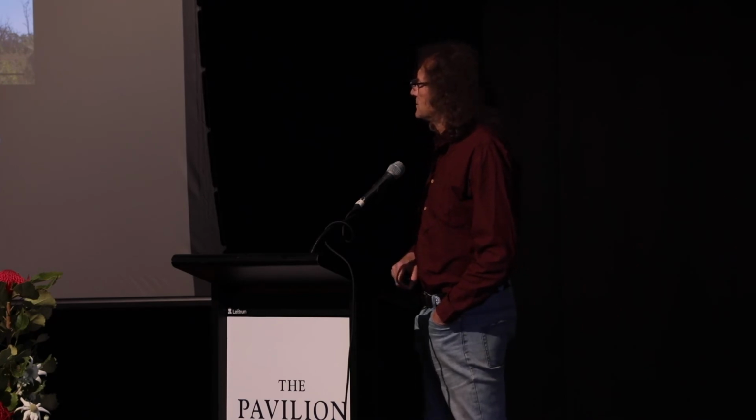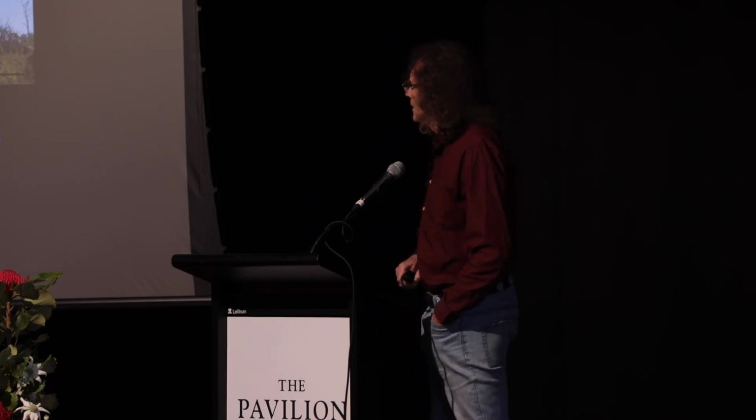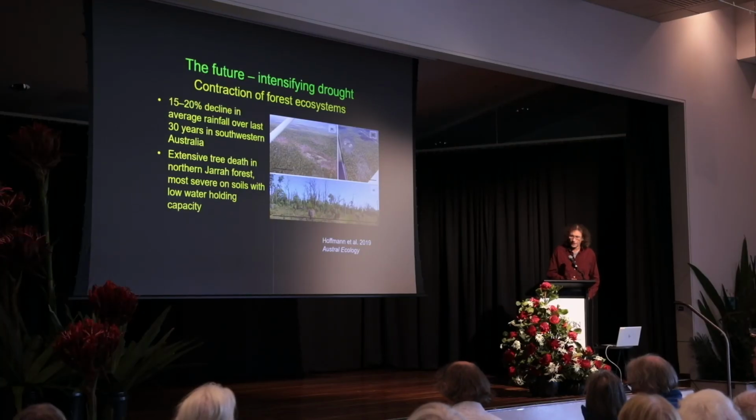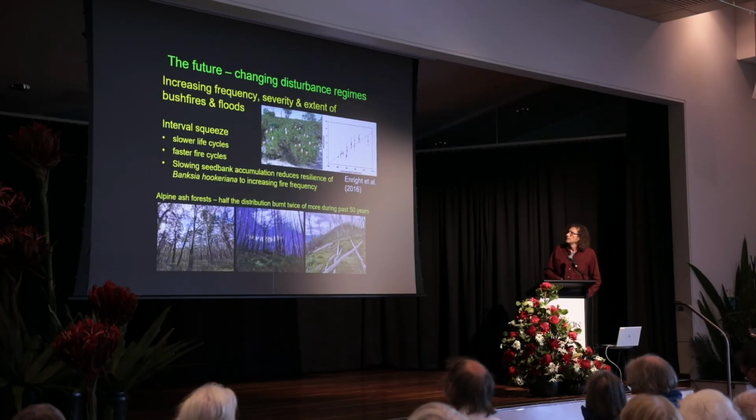And so we're seeing this dieback basically because these are trees dying from drought in the driest years. And that's not a phenomenon related to phytophthora or disease or anything. It's something that's creeping up because of climate change. Another example is a phenomenon called interval squeeze, which is a combination of two trends.